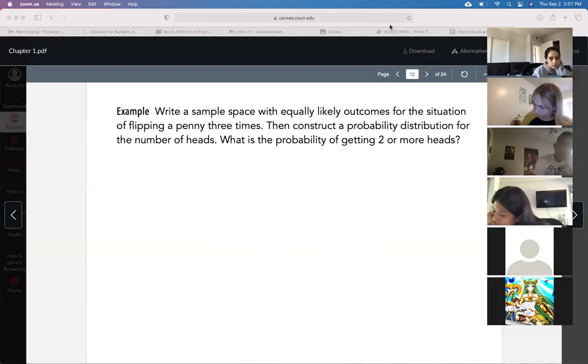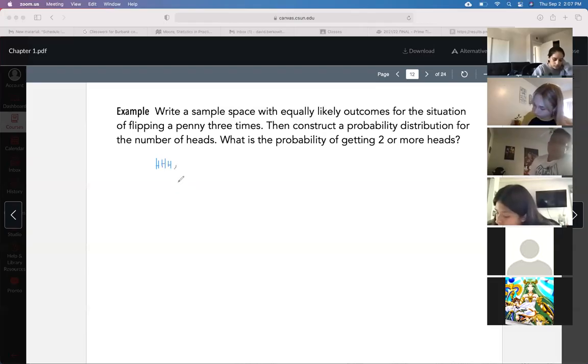Who here would like to venture a guess as to a sample space for this problem where the outcomes are equally likely? Head, head, head. Okay, so one possibility is heads, heads, heads.